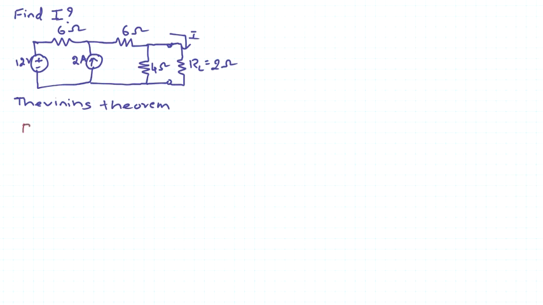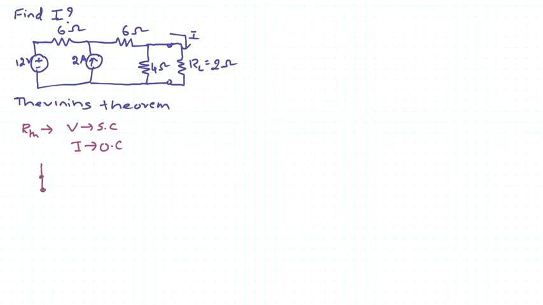in order to find R Thevenin, we have to short circuit the voltage source and we have to open circuit the current source. So that we have to do. So now I am redrawing the circuit.